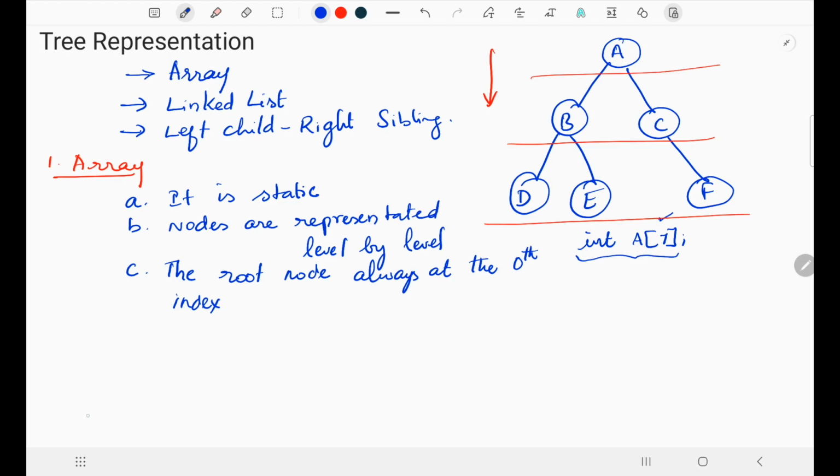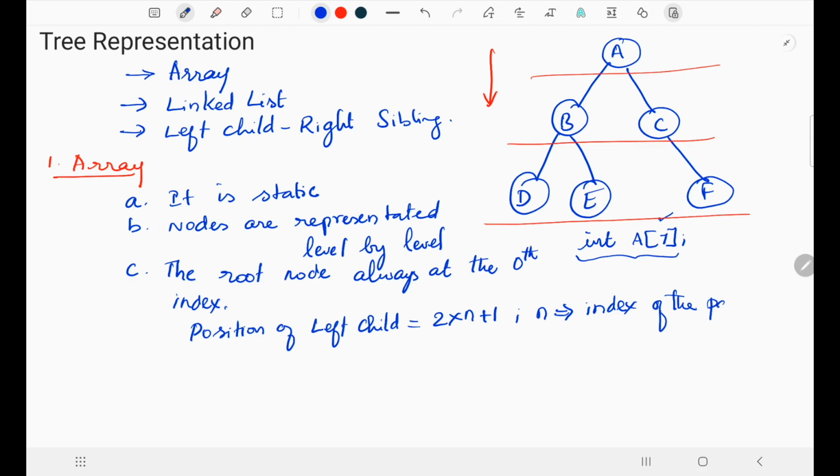Root node is always at 0th index, and the position of the left child equals 2 into n plus 1, where n is the index of the parent.